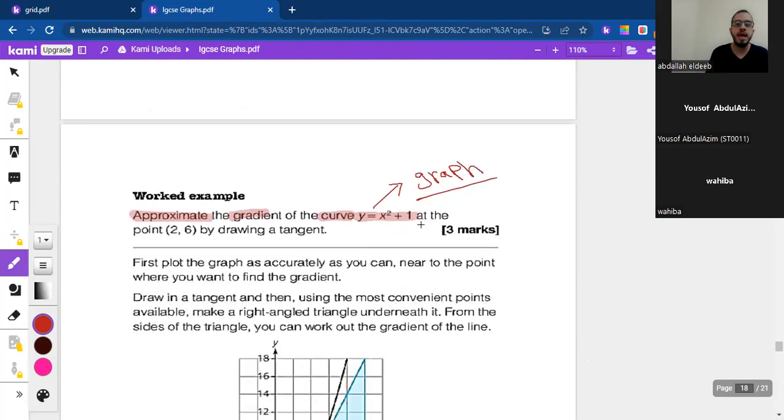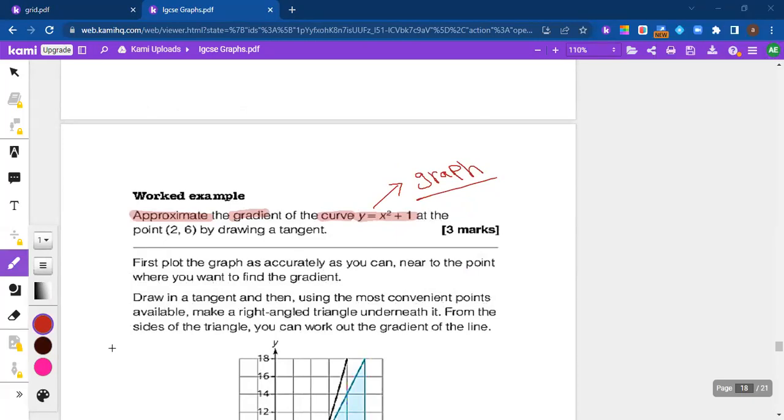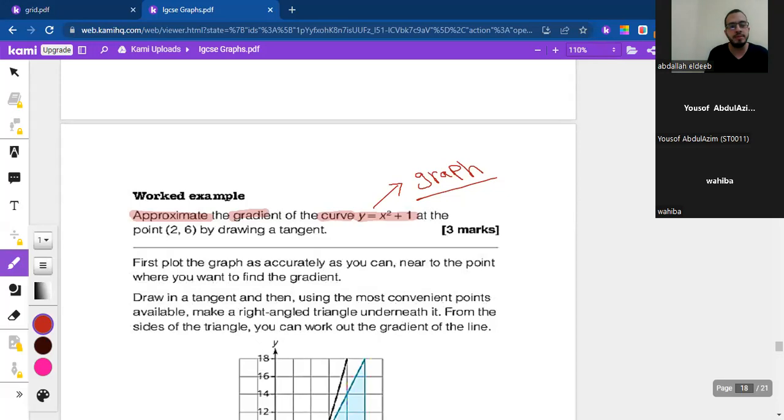And he says at the point 2, 6, by drawing a tangent. Basically, if you find the gradient of the tangent at this point, you find the gradient of the curve, but at this point.